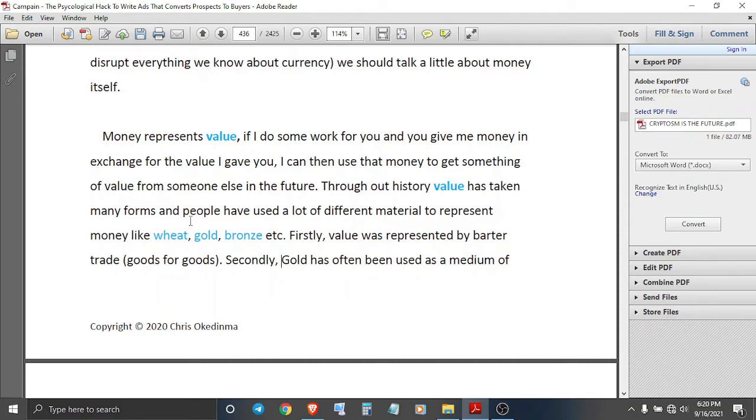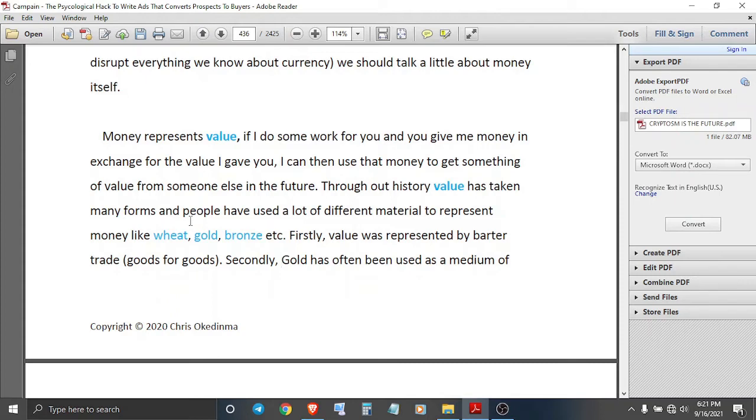Once there was a barter trade, where, let me say, I have a house and you have a land, and maybe I need your land. Let's not use a house and a land. Let's say I have rice, and you have, let's use corn.